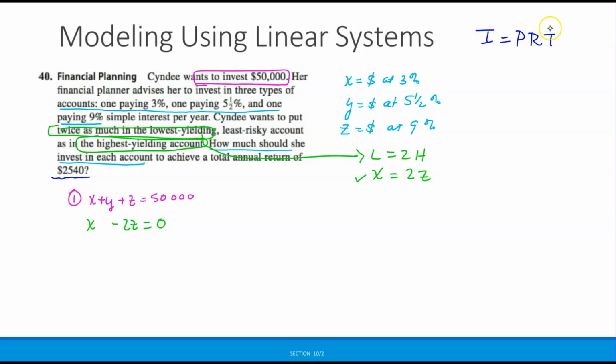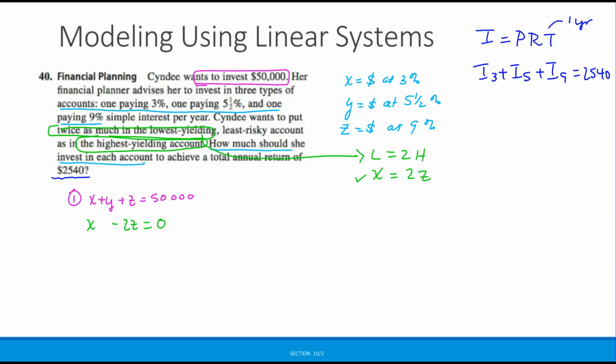Now, annual time is going to be 1 year. So we're going to say the interest from the 3% plus the interest from the 5.5% plus the interest from the 9% is going to add up to the total interest of $25.40.